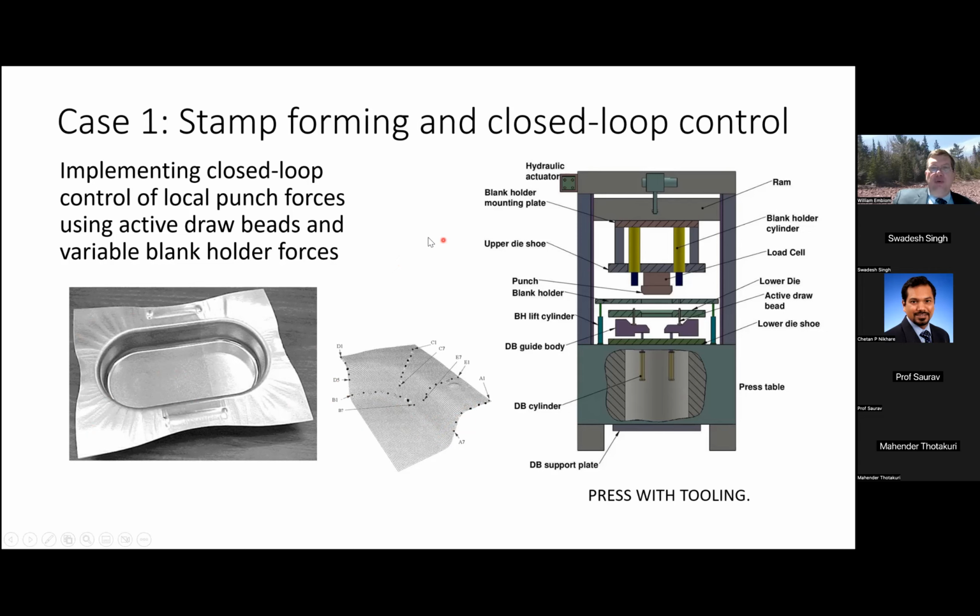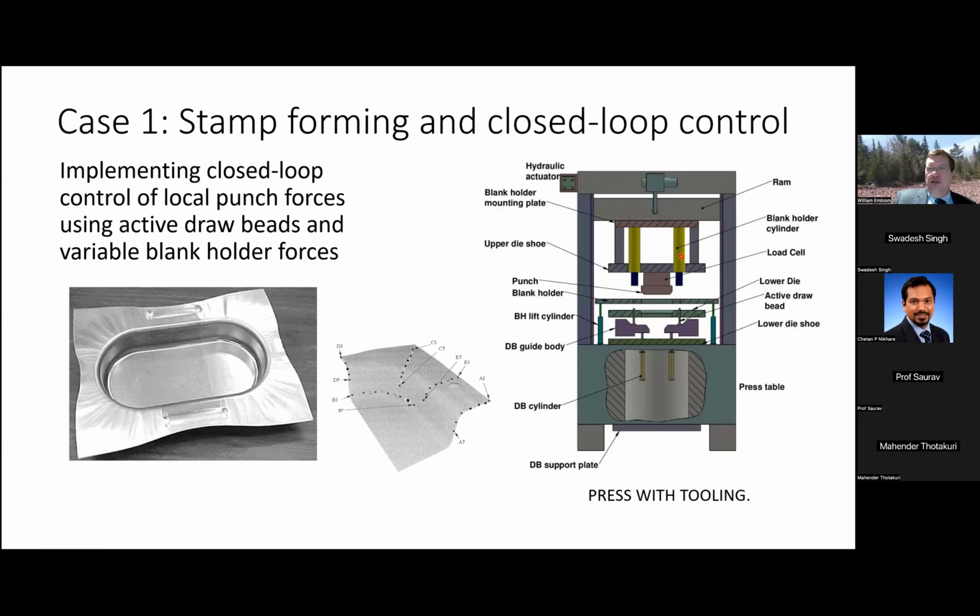So the press that we used had been previously converted from a single stage rotary press where we had a flywheel. That flywheel was replaced with a hydraulic actuator. From the ram, we suspended a total of 6 hydraulic cylinders.